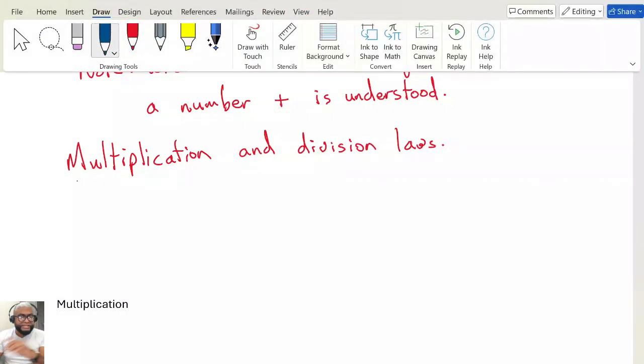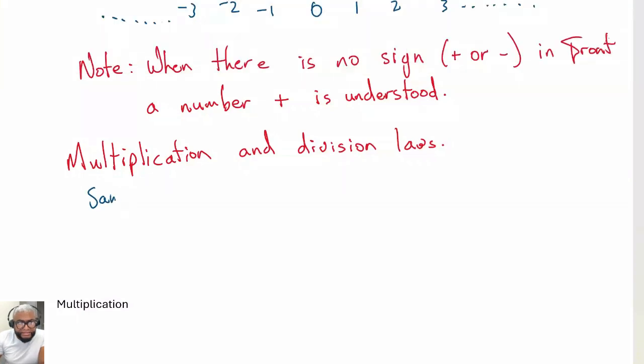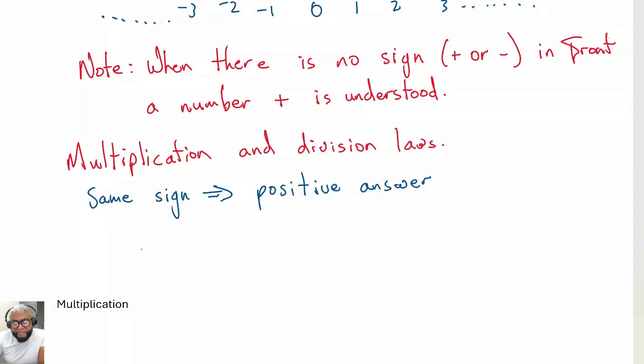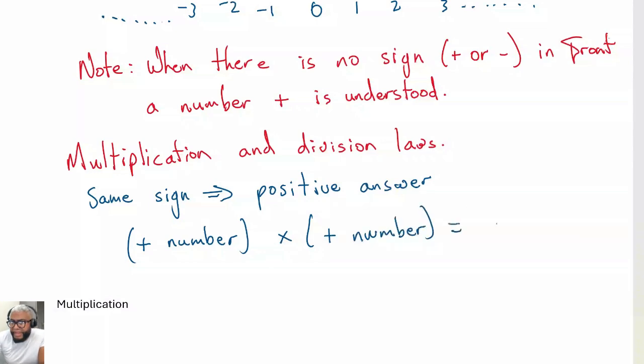Same signs imply a positive answer, right? This means that if I have a positive number, I'll put this in brackets, multiplied by a positive number, my answer will be a positive number.